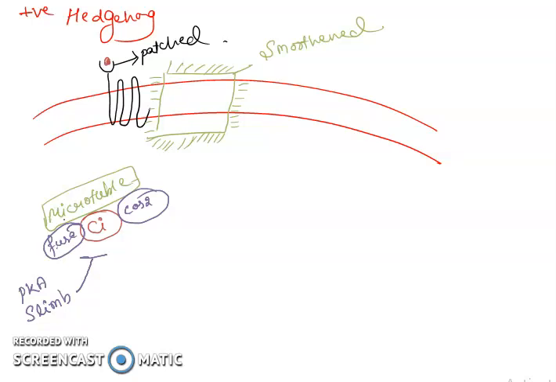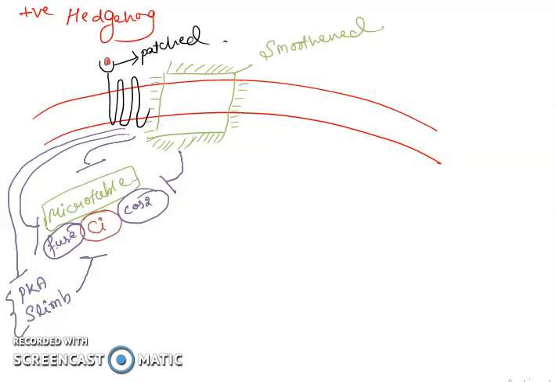But when the ligand, which is Hedgehog, comes and binds to the receptor, it will be activated and it will activate the Smoothened. Now the Smoothened will deactivate all the factors which were inhibiting the CI or were bound with the CI. It will inhibit the microtubule, it will inhibit the work of COS2, it will inhibit Fused, and it will also inhibit PKA and SLIMB.